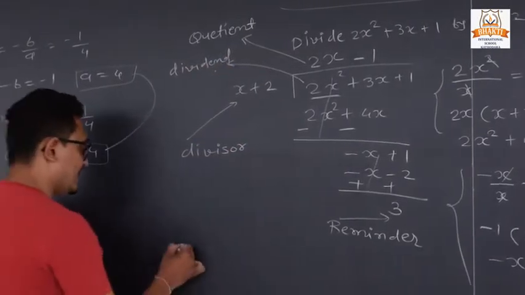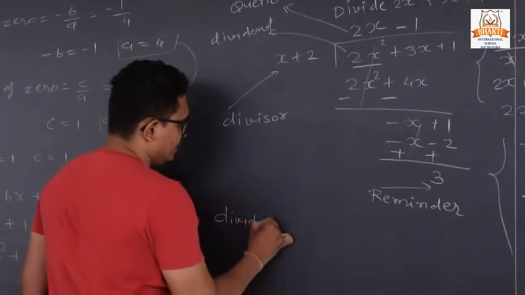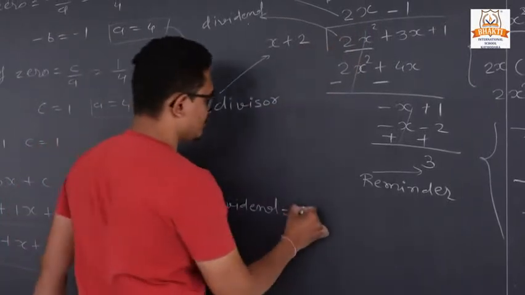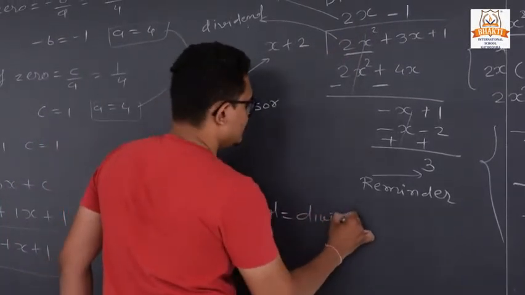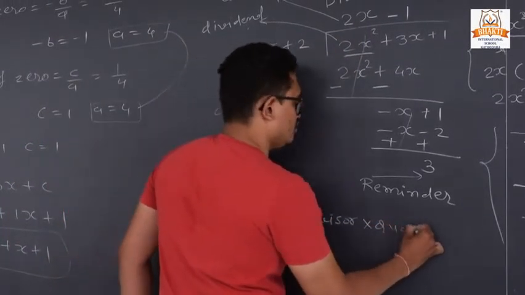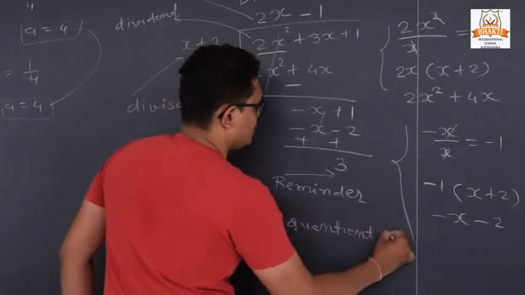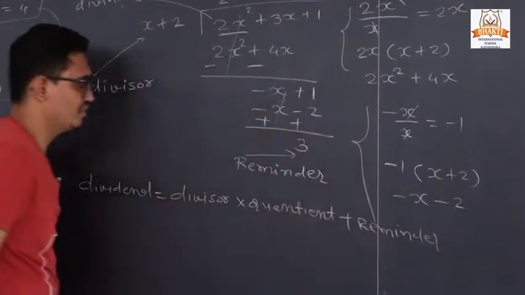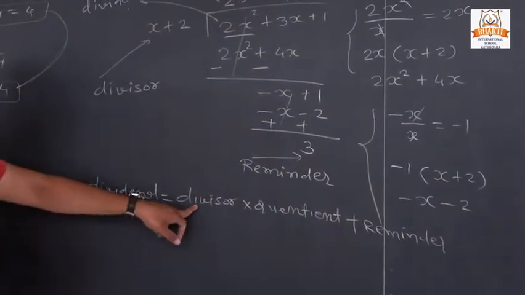So we can also write like that: dividend is equal to divisor into quotient plus remainder.